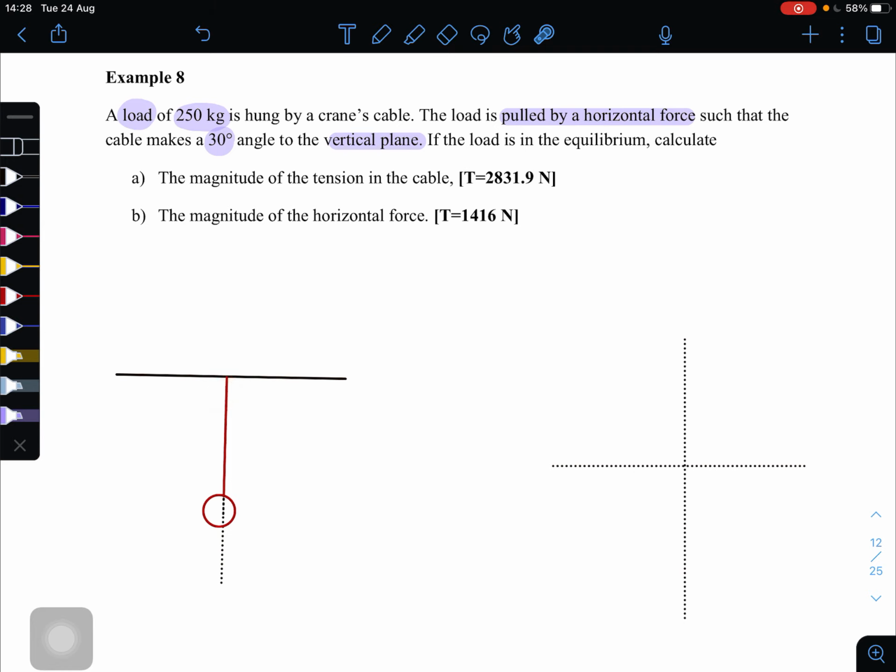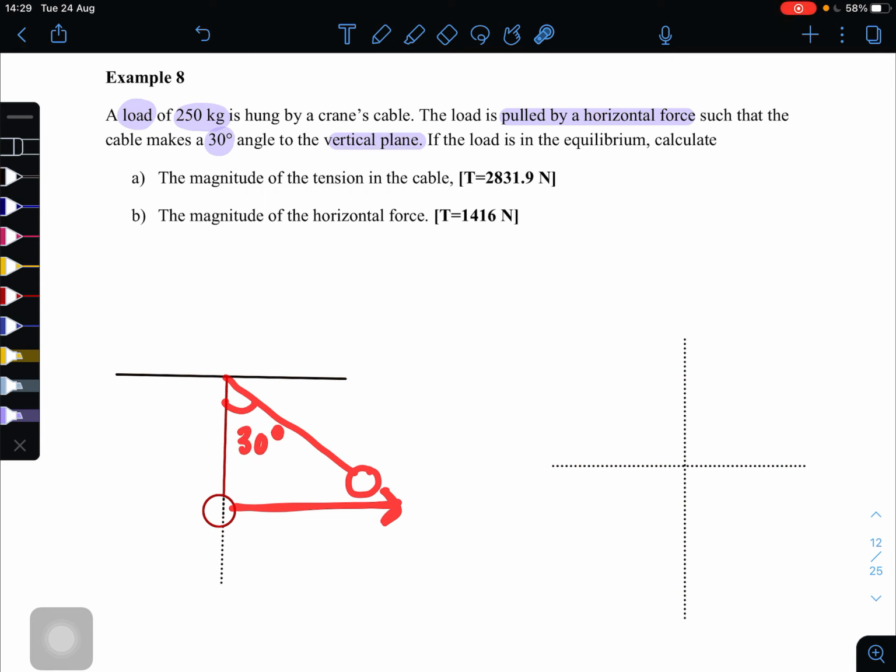Any way is possible. So we can just assume here we exert a force to the right. So we pull it to the right, and then this cable will go like this, and it will make an angle of 30 degrees here.